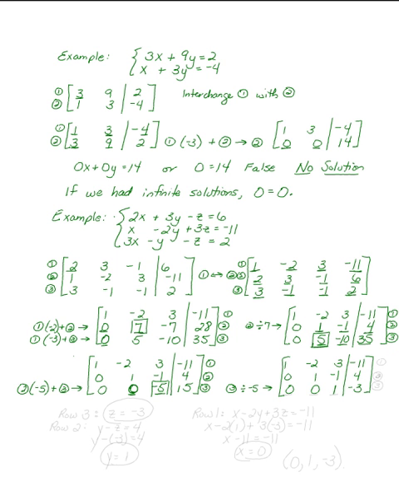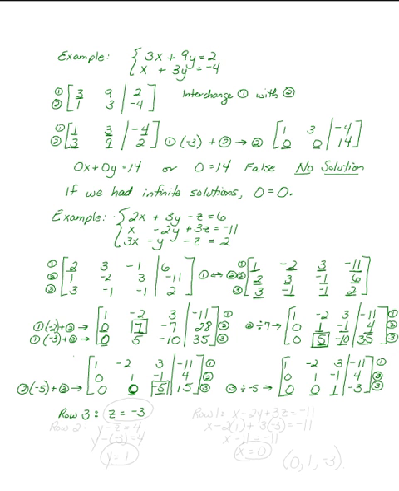Now we have a matrix in row echelon form, and we are ready to use substitution to go back and actually find our variables. If we look at the third row of this matrix, remember, the first is the coefficient of x, then the coefficient of y, then the coefficient of z. So what we actually get from row 3, all that tells us is that z is equal to -3.